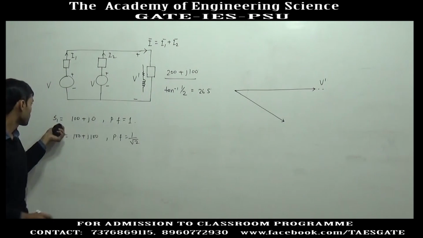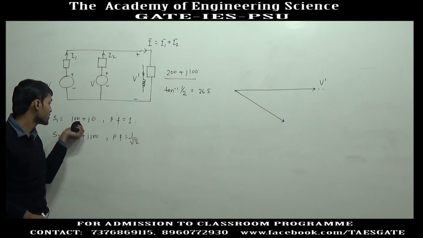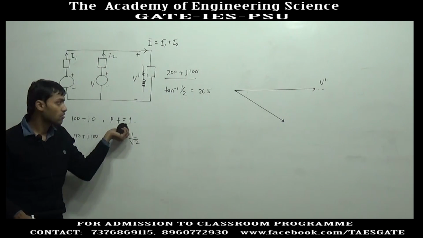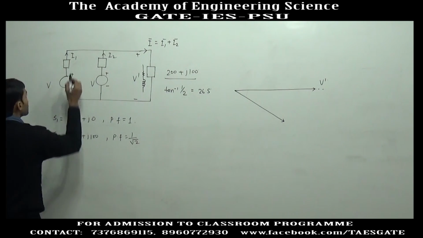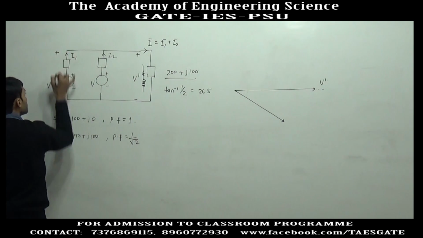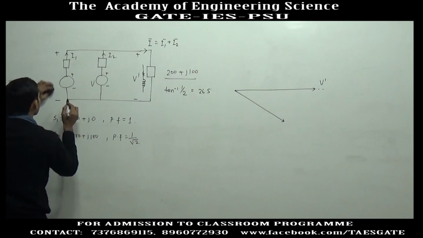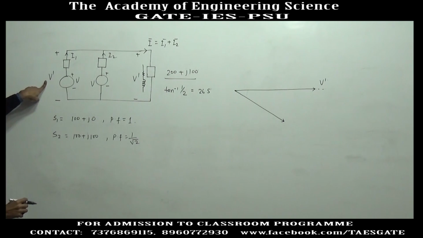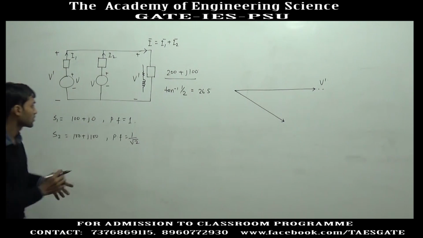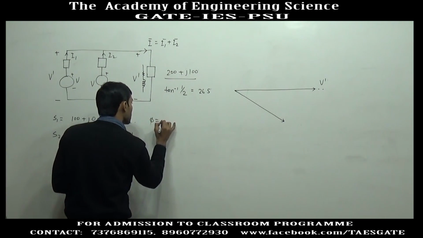Now, the power supplied by the first generator is 100 watt with a power factor of 1. Its voltage is V dash, and since the power factor is 1, phi will be equal to 0.